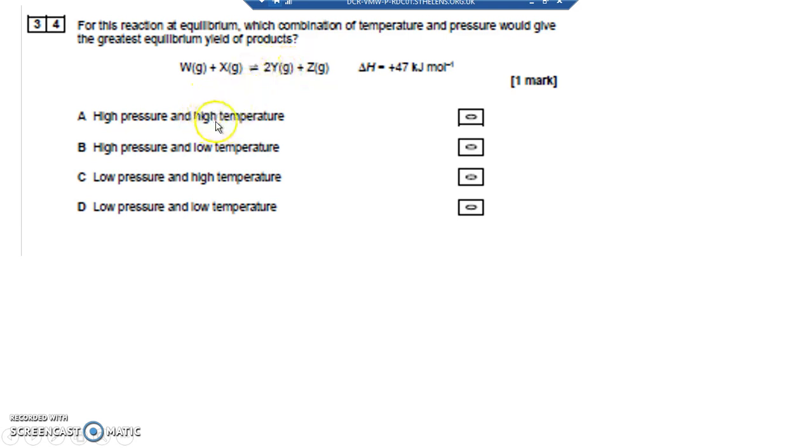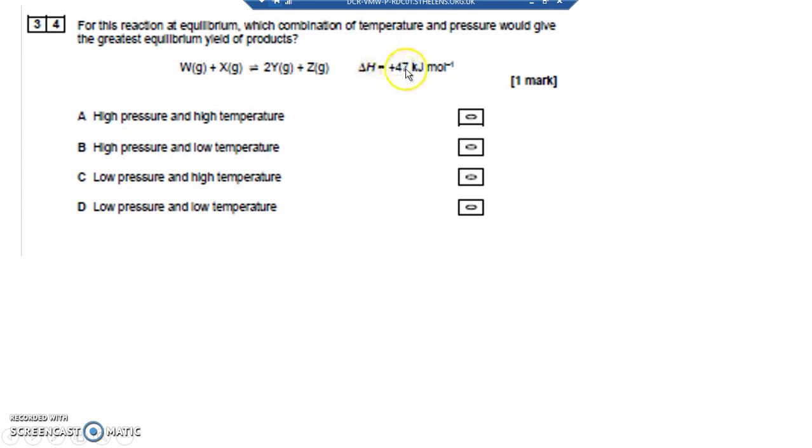So if I make it high, Le Chatelier's principle says this reaction will shift in the direction to try and oppose the change I've just made. So it will shift to the right hand side, because in that direction it's lowering the temperature of the surroundings.